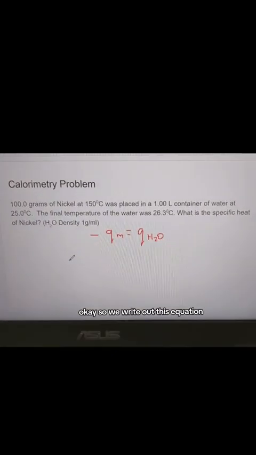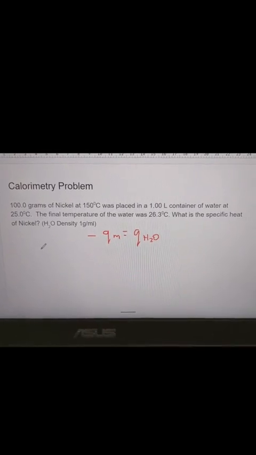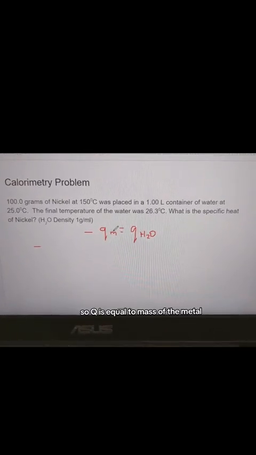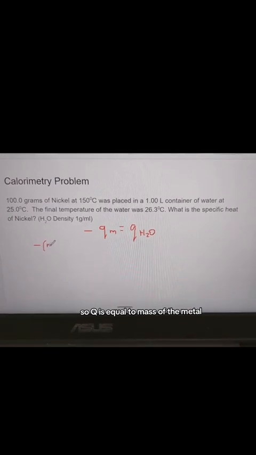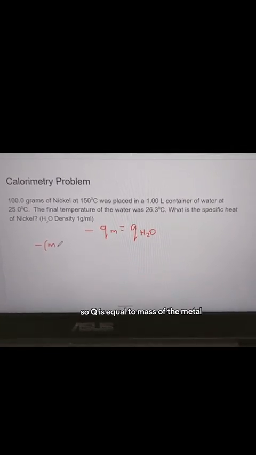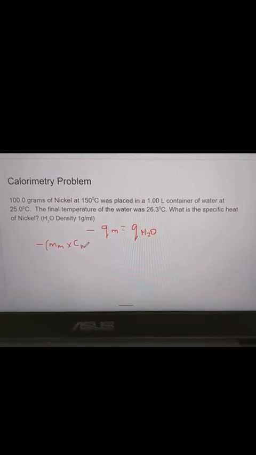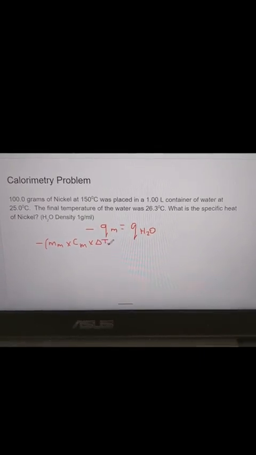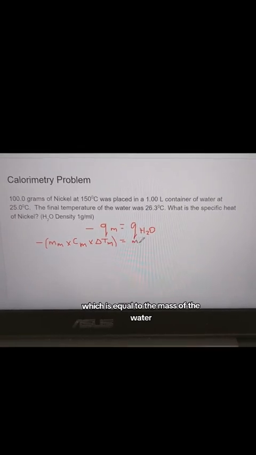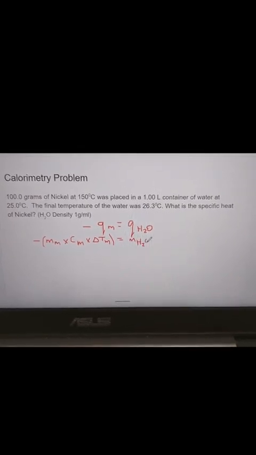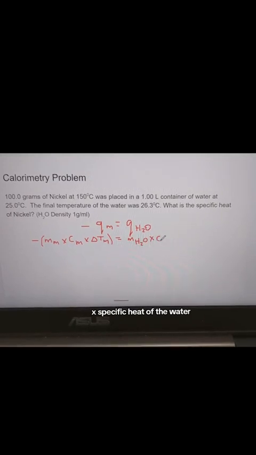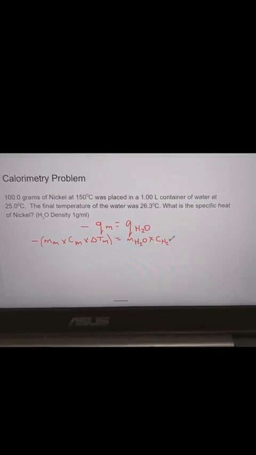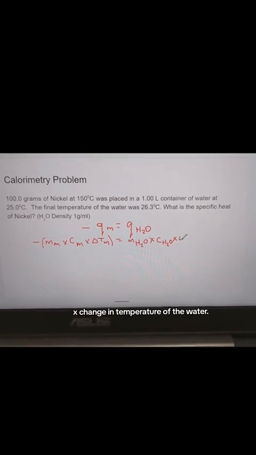Okay, so we write out this equation. Q is equal to mass of the metal times specific heat of the metal times change in temperature of the metal, which is equal to the mass of the water times specific heat of the water times change in temperature of the water.